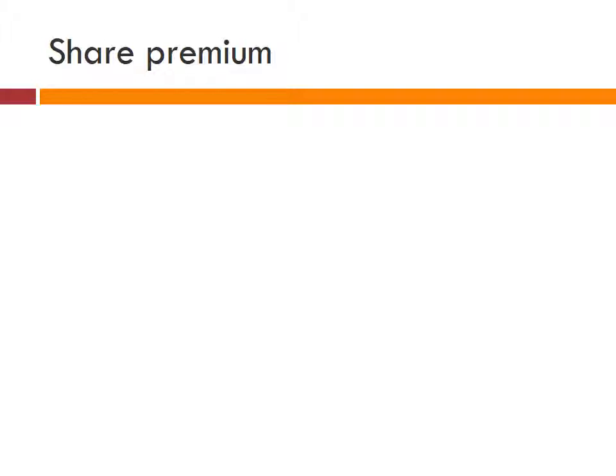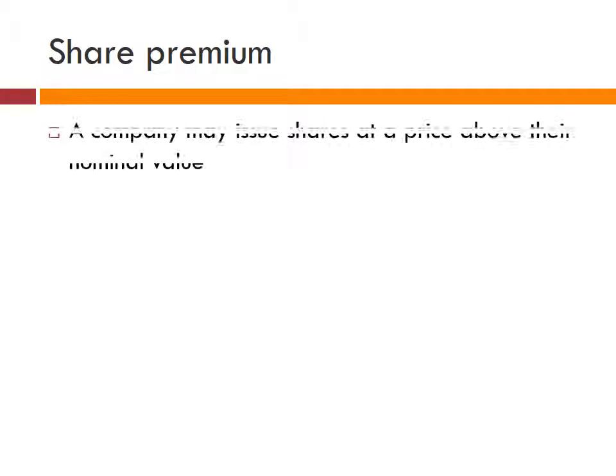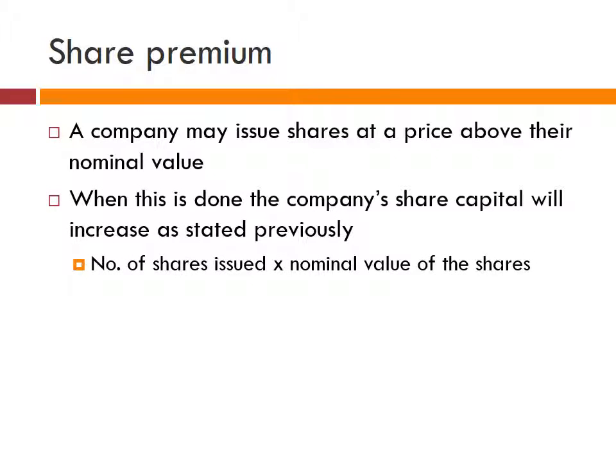Now, as you might have noticed, a company can issue shares at above the nominal value of those shares, but it can't do it below that. When this happens, the company's share capital is going to be increased in the same way that we've just been through.